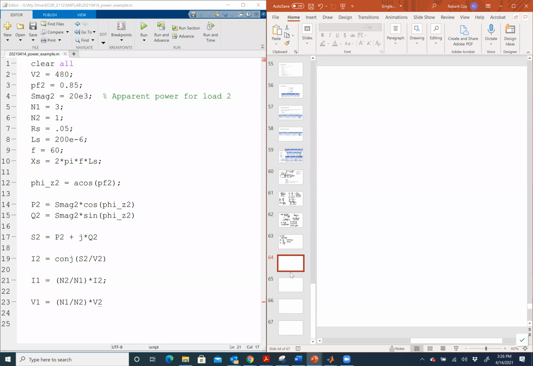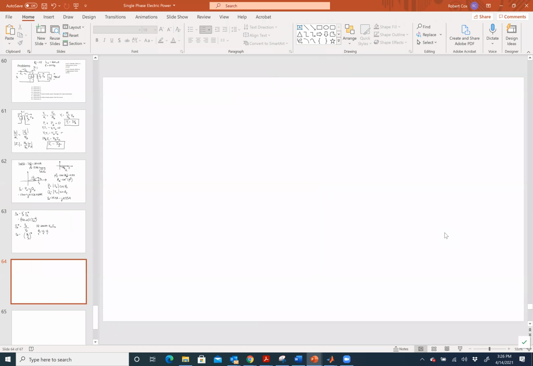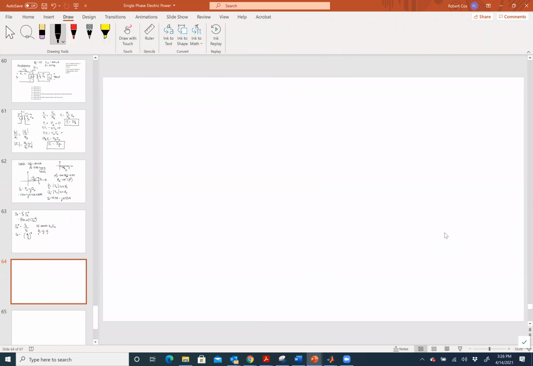I'm going to draw my picture here. In transformers, leading or lagging has nothing to do with the transformer; it's whether the load is leading or lagging. The transformer is not the load. The transformer is just a thing sitting between the two loads. The way it's set up, load 1 is in parallel with the primary.